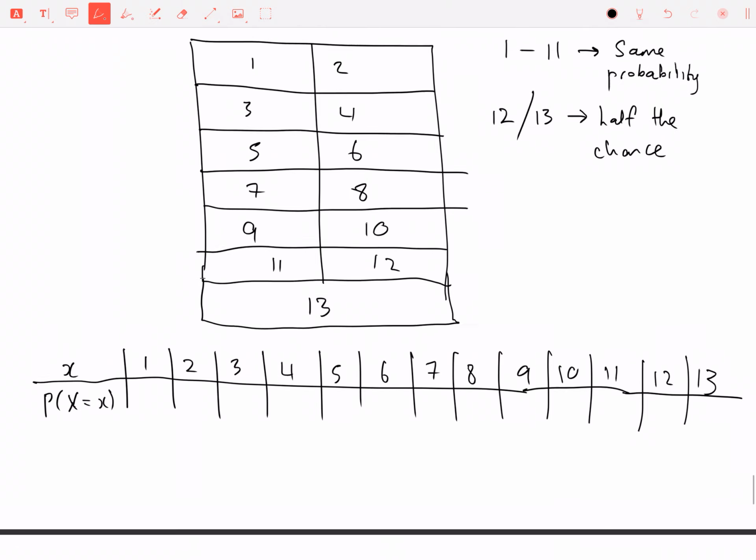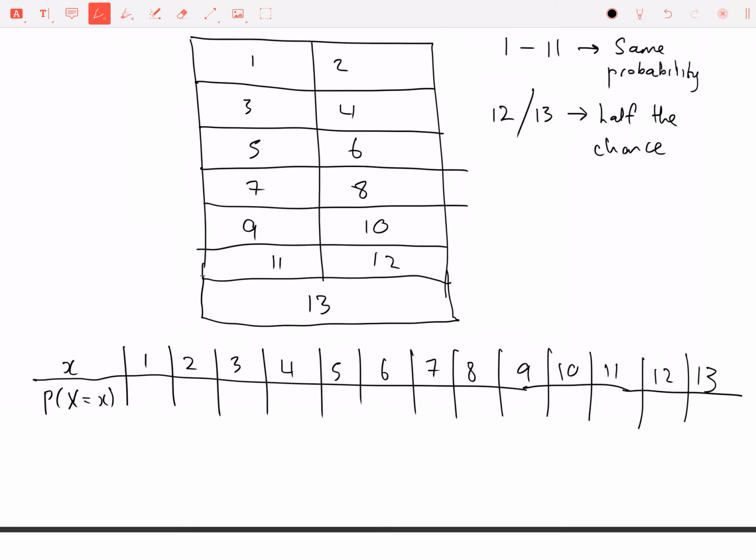Right, so how do I get these numbers? I say, well, if the probability is the same from 1 to 11, I'm just going to call it k for each of them. And then 12 and 13 have half the chance as the rest, so half k.